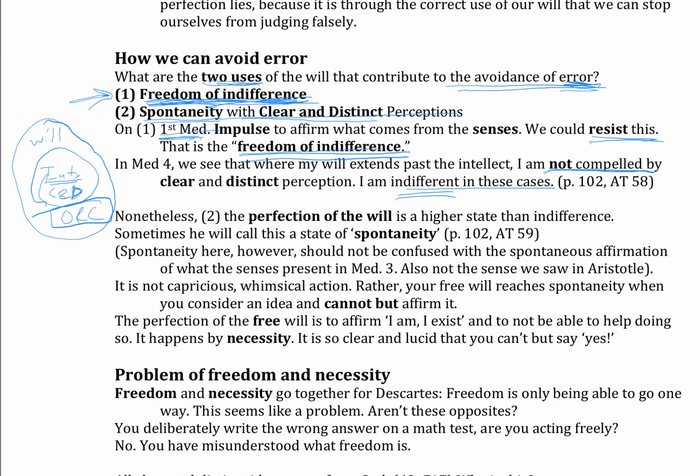Nonetheless, the perfection of the will is a higher state than indifference. Indifference is mere ignorance, right? It's a weakness.